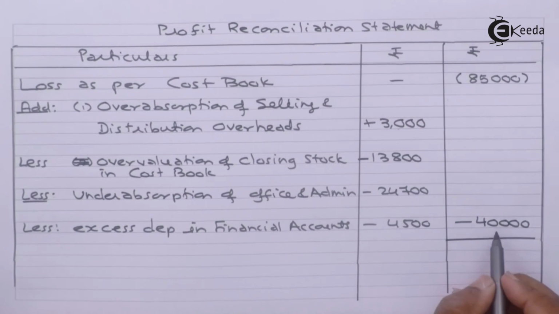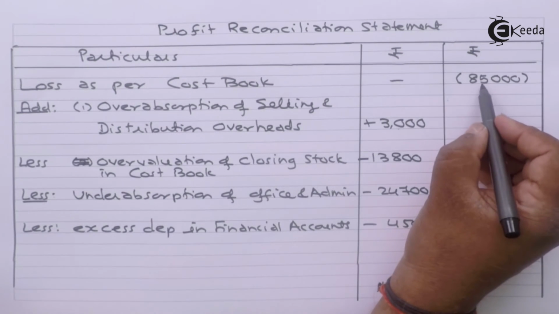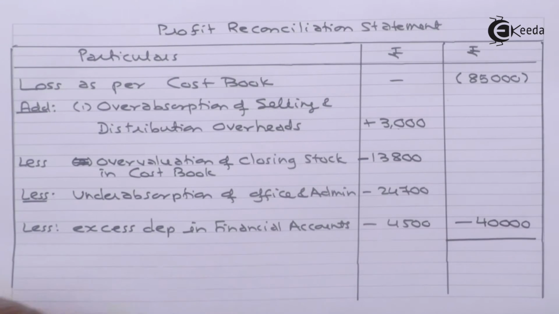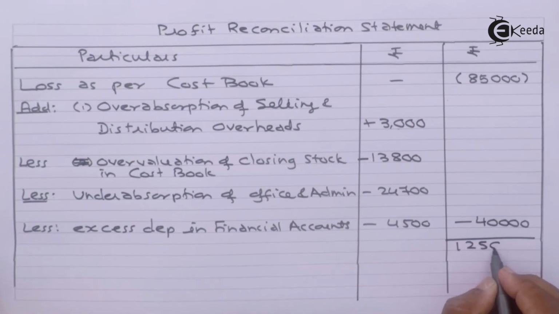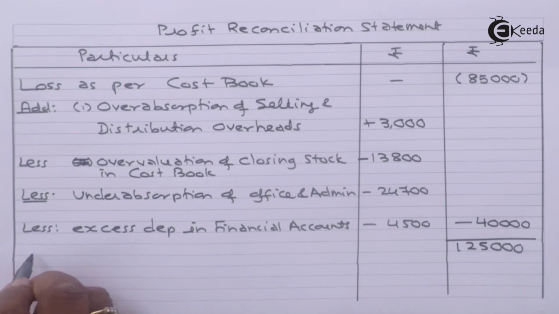So we get here minus 40,000. This 85,000 is also a negative figure. So 85,000 negative, 40,000 negative, it will be 1,25,000.